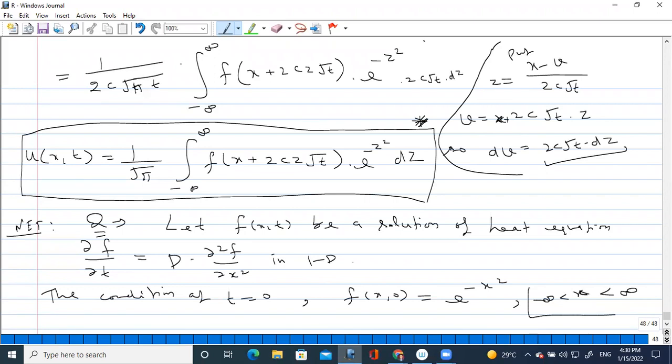So from here you will get a clue that it is an infinite bar. Otherwise you will not get any clue. Here t is also greater than 0. So everything is the same, the only difference is that this is an infinite bar and you have to find out f(x,t).